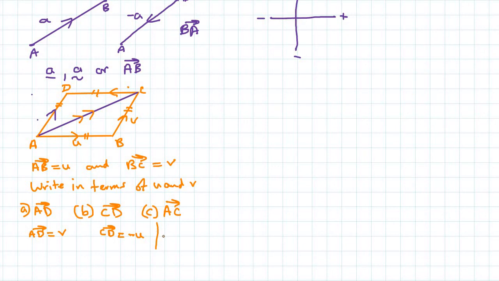So here we have AC is equal to, and we're going to add AB plus BC, and we know that in terms of U and V, AB is equal to U and BC is equal to V. So that is your answer for the vector AC. AC is equal to U plus V, because we're going to represent it in terms of U and V and not in terms of BC or CB. Alright, and that's your answer, and that's simply adding vectors.